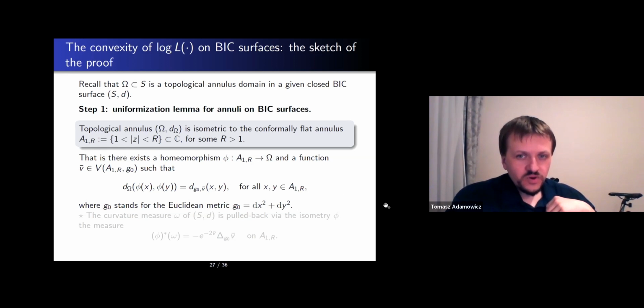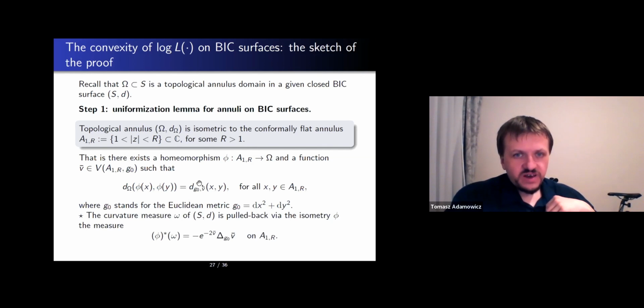And what is more important, if we pull back the curvature measure via this isometry φ, then this pullback is the following measure. You will see in a moment why this particular equation is helpful.